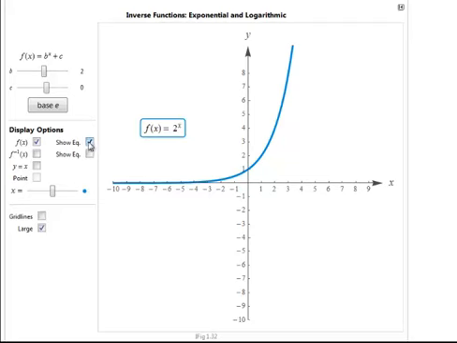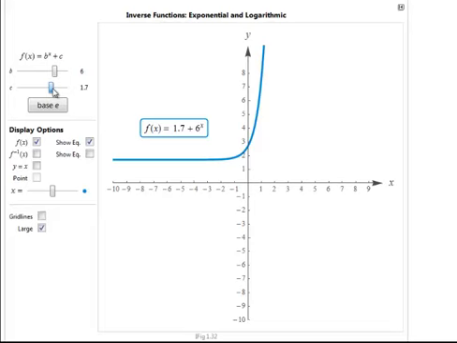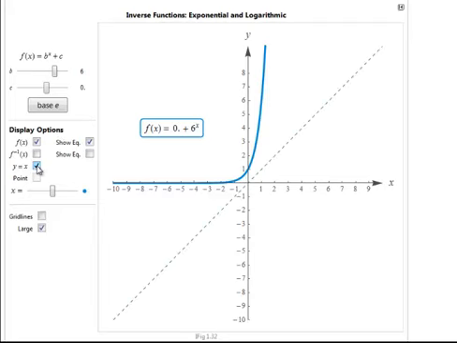This figure shows an exponential function that can be changed by using the B slider to change the base and the C slider to include a vertical shift. The graphs and equations for the exponential and inverse functions can be shown along with the line y equals x.